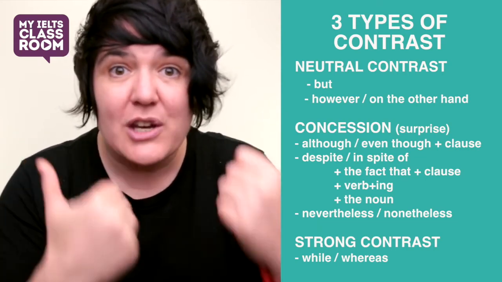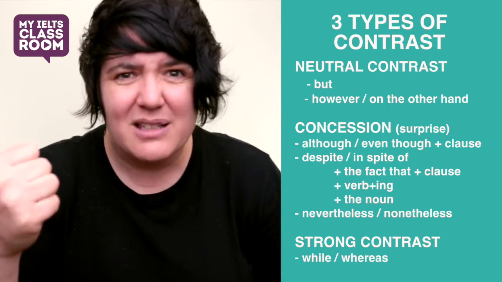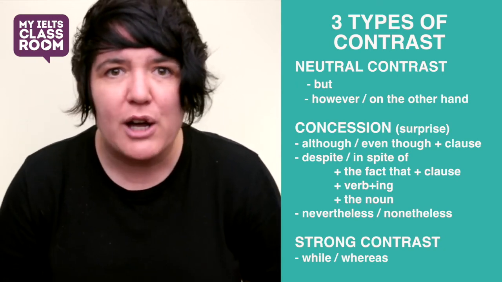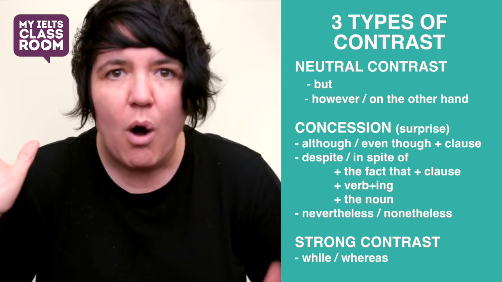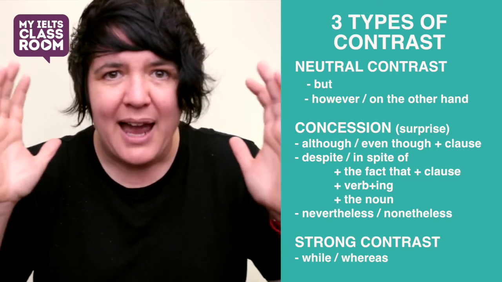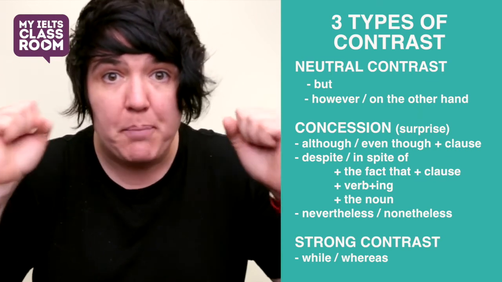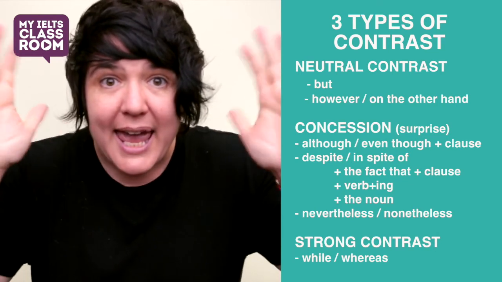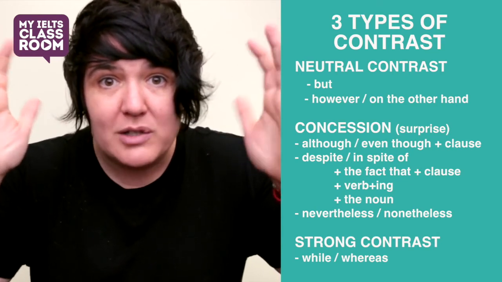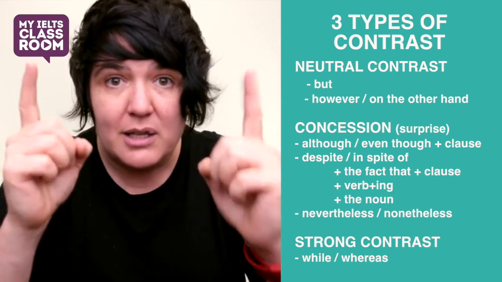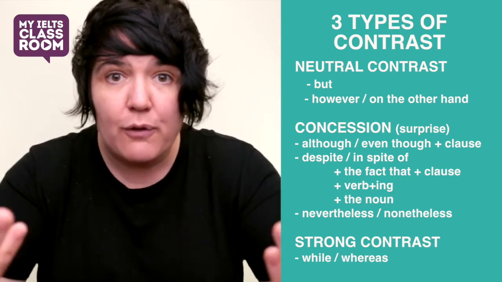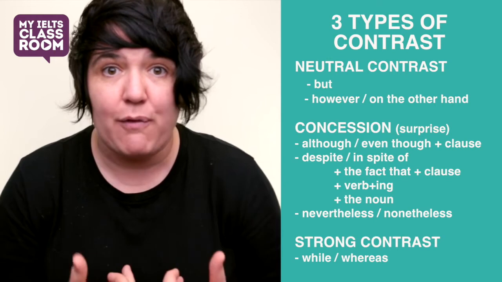To show concession, we can use yet, but most of the time we are going to use although or despite. And although and despite both tell the reader, here comes some contrast and surprise, but the grammar we use after these words is very different.